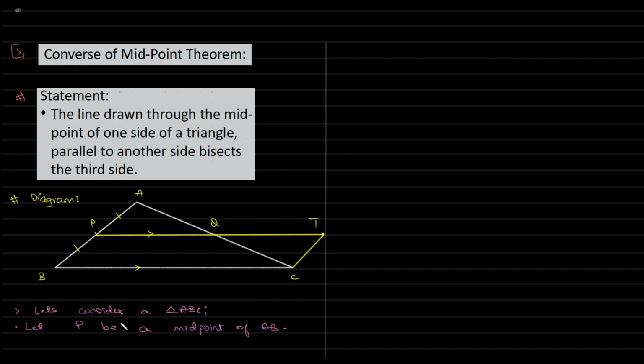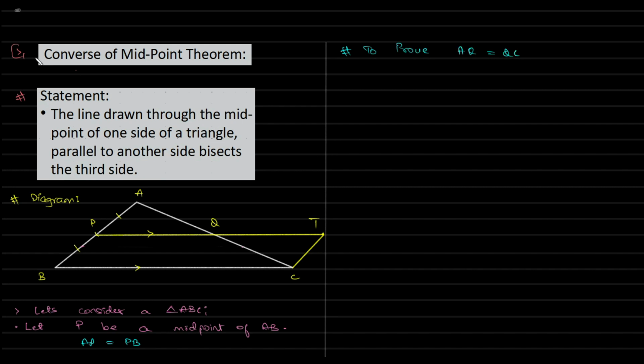Then AP is equal to PB. So then we have to prove AQ is equal to QC.